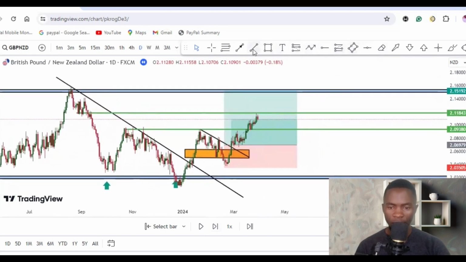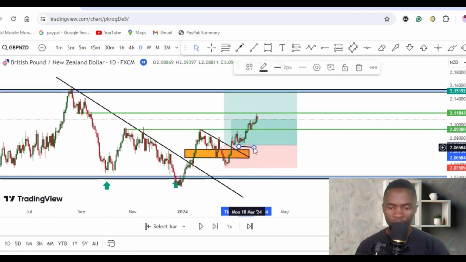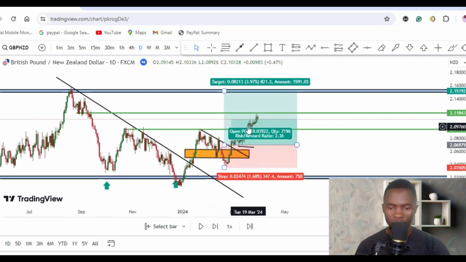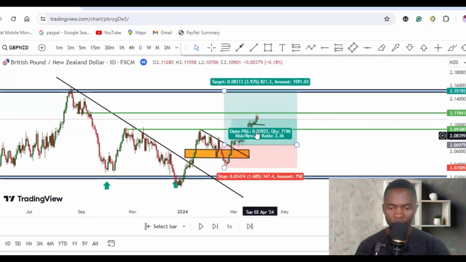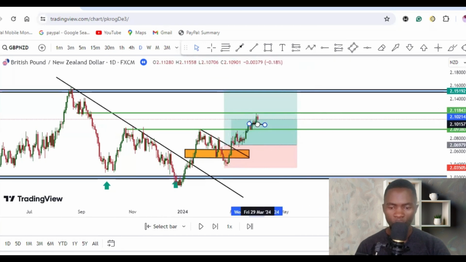So the first thing that I will do here, I will move my stop loss from here to break even. After the market has broken and retested to this line, I will move my stop loss from here to around here because I'm already on my TP2. So at this area, I know exactly the market might reverse at any point.